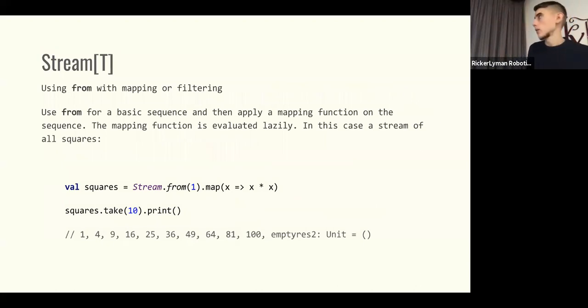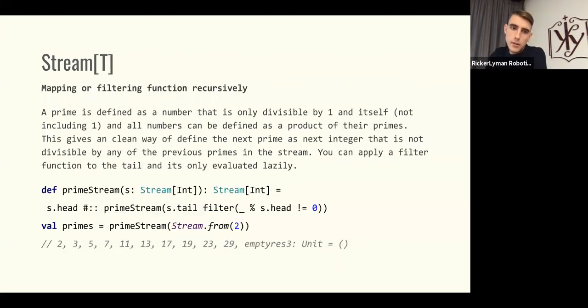For instance, this is an explicit syntax to define the stream of natural numbers, Stream.from(1). And this is how we can define a stream of squares of natural numbers. Very easy. Yeah. And you can do whatever you want with these functional combinators, filtering, mapping.